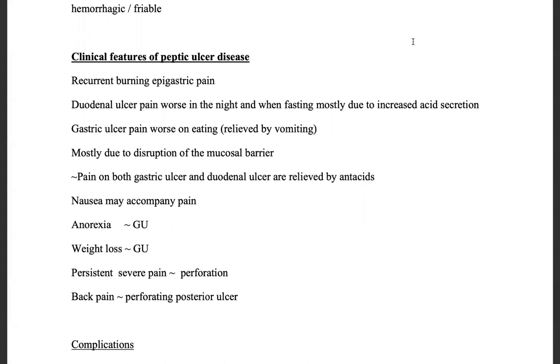So gastric ulcers might cause anorexia, and also can cause weight loss. Sometimes these gastric ulcers can lead to a perforation, which can result in persistent severe pain. Or if it comes to a duodenal ulcer, a posterior ulcer can lead to back pain.